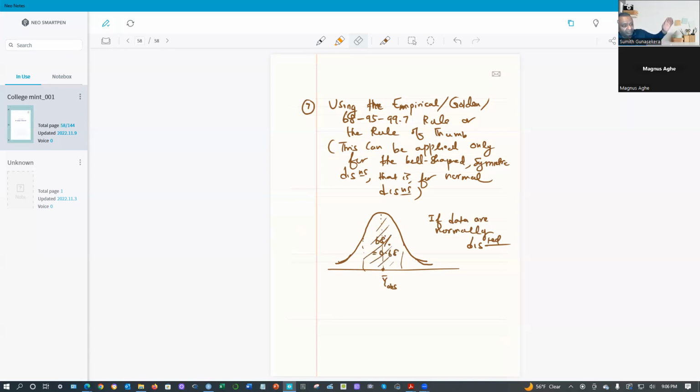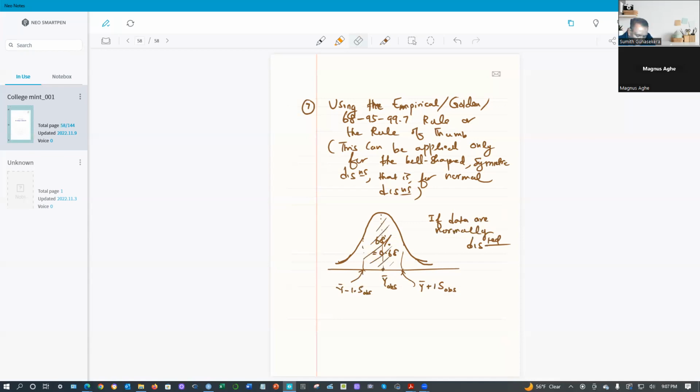We have done that one previously in the other class too. That means the upper bound is y bar plus 1 times s obs, and the lower bound is y bar minus 1 times s obs.